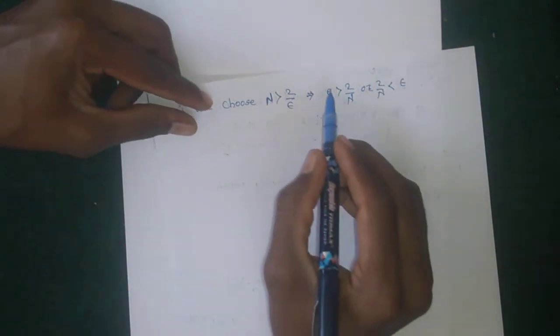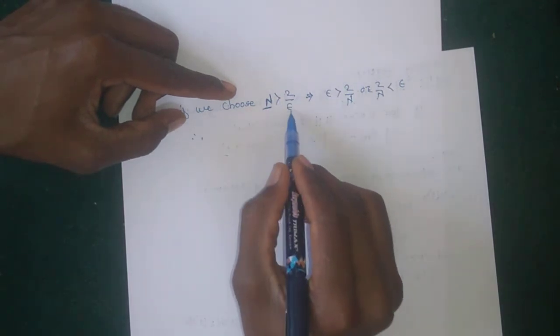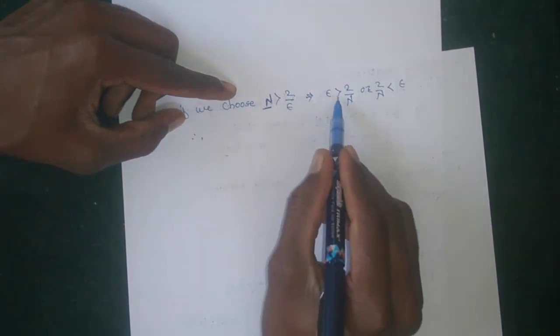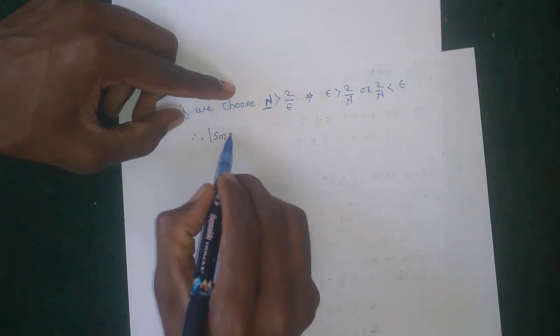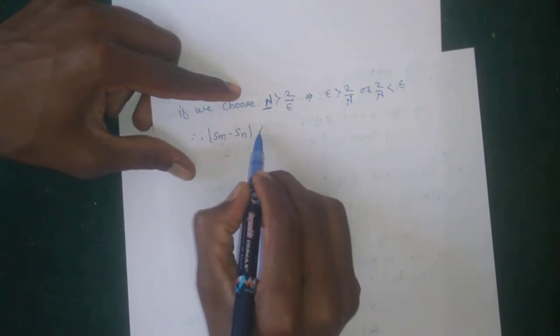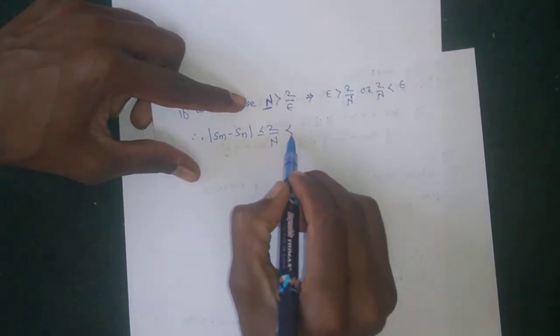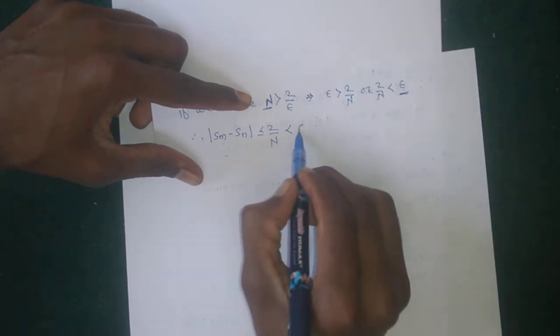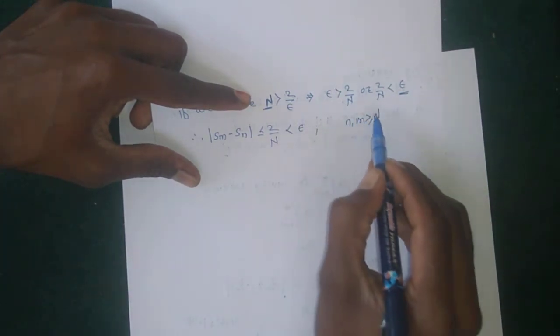Therefore |Sm - Sn| is less than or equal to 2/n, and this is strictly less than epsilon for all m, n greater than or equal to N.